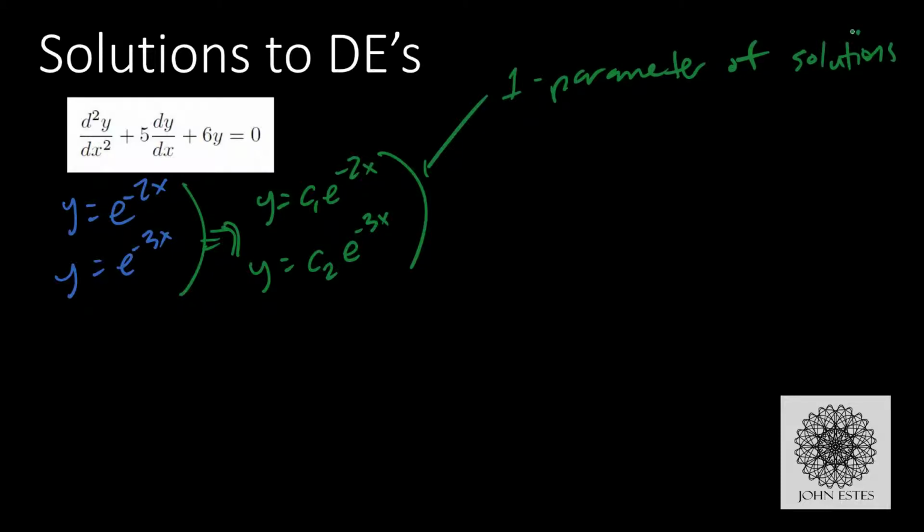The thing is, though, this may not be a good way to think about it, because actually, if you consider this, y equals c1 e to the negative 2x plus c2 e to the negative 3x. If you work out the derivatives on this and plug that back in the equation, for example, if you want, you can let c1 and c2 both be 1, and so you'd have y equals e to the negative 2x plus e to the negative 3x.